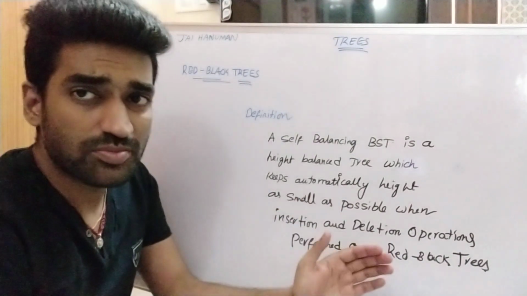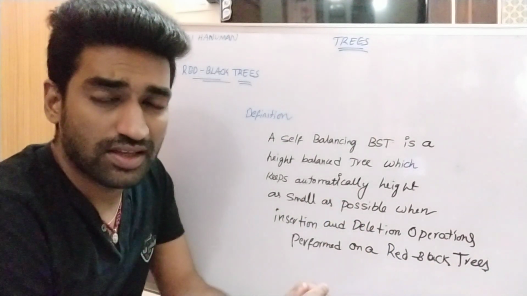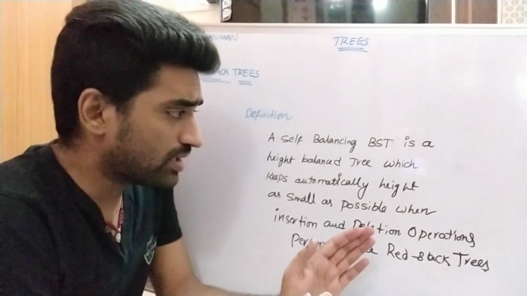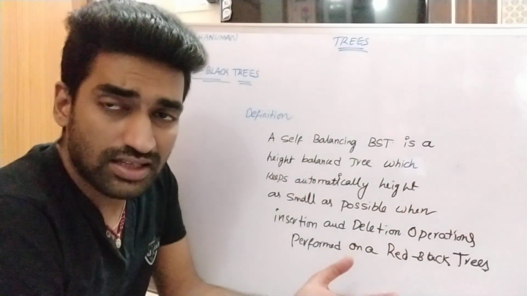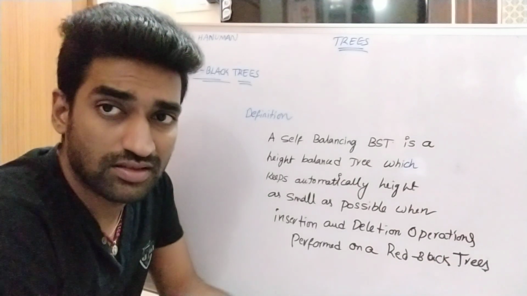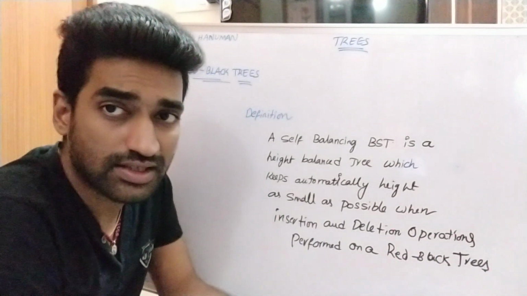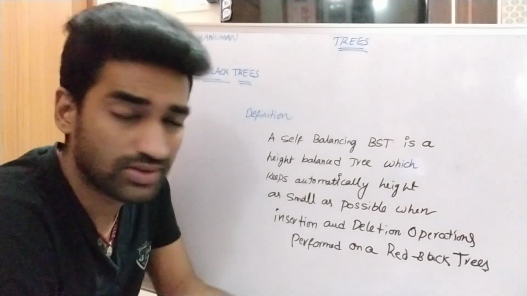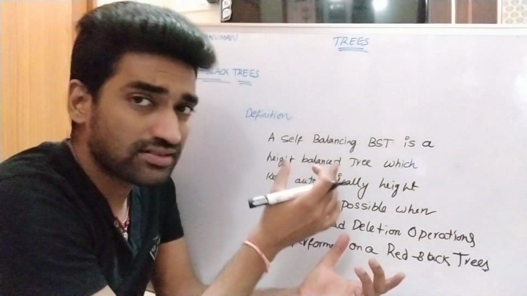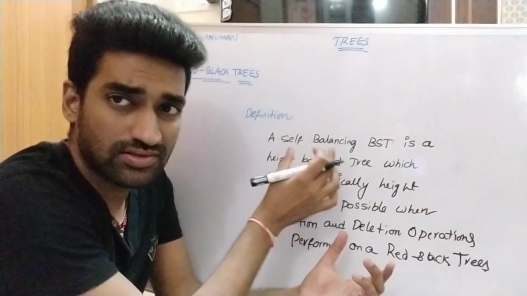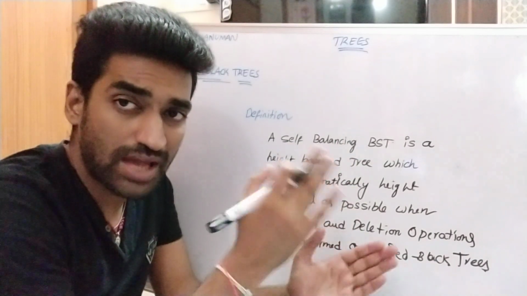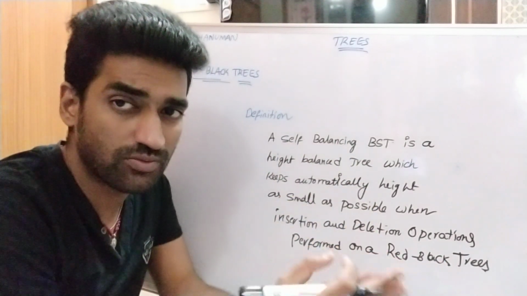Considering an AVL tree, once we color the AVL tree, that is said to be a red-black tree, but all red-black trees are not AVL trees. Here the balancing factor is not restricted. In AVL trees, the balancing factor must be 0, -1, or 1.